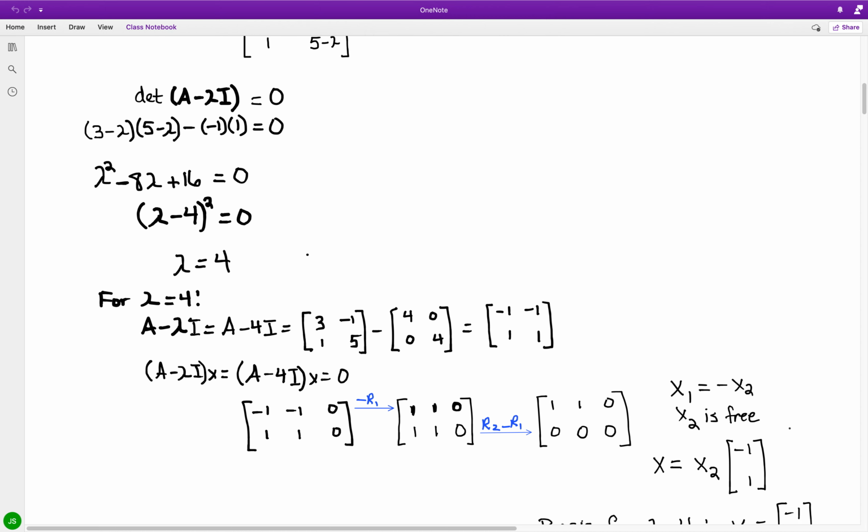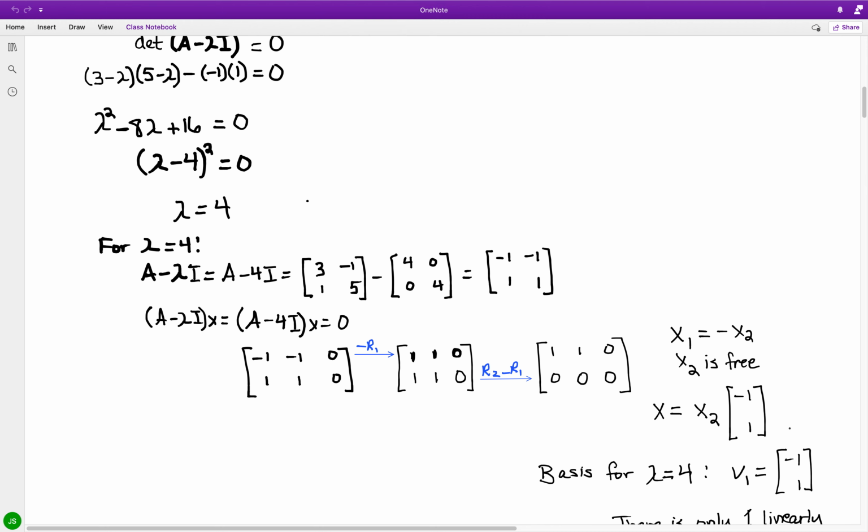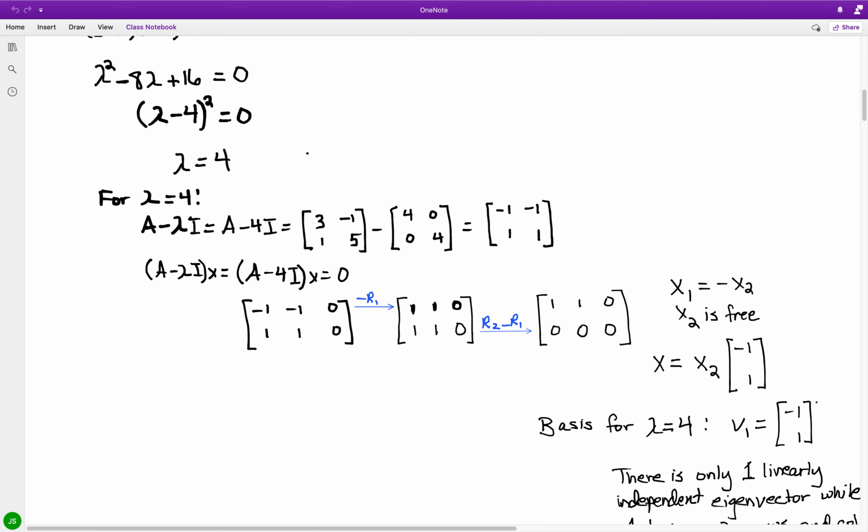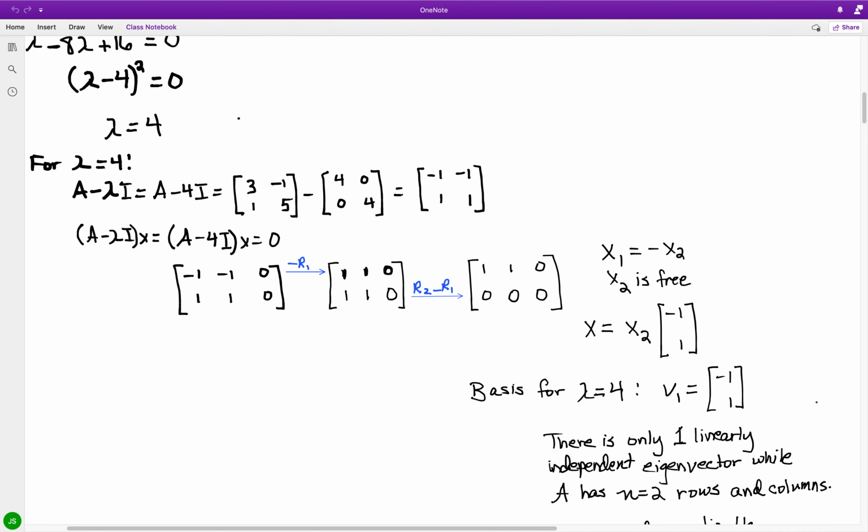For the eigenvector that corresponds, the solution is x equal to x2 times the vector -1, 1. Again, a basis for lambda equal to 4, the only eigenvector there is, is -1, 1.